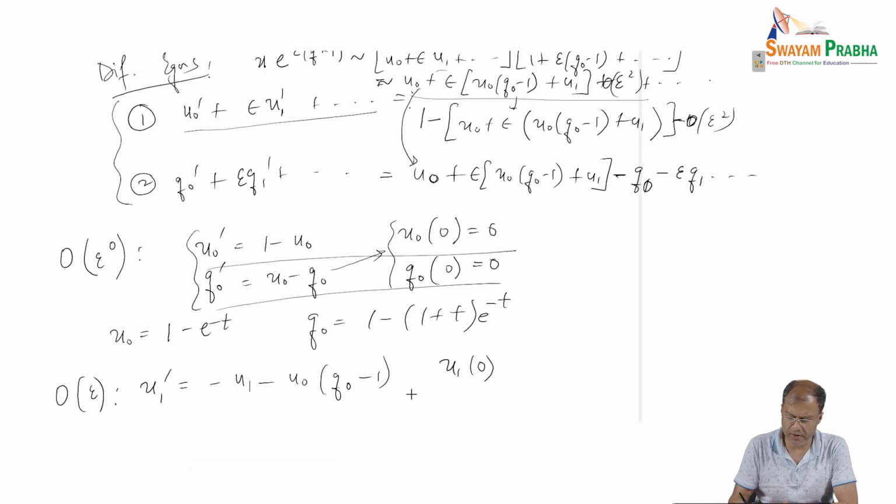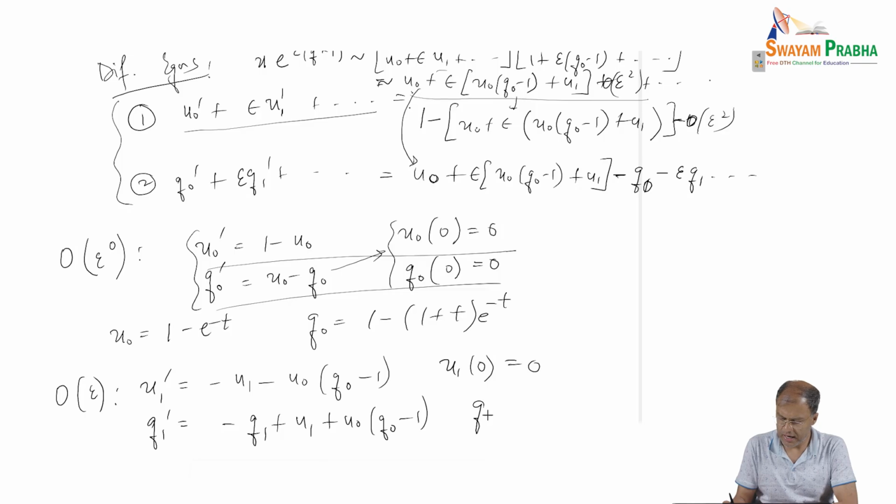We have u1 prime equal to the following, with u1 at 0 equal to 0, and similarly for the q equation, q1 prime comes out to be minus q1 plus u1 plus u naught times q naught minus 1, and q1 at 0 is 0. Now if we solve these two equations, we can keep plugging in the order epsilon to the power 0 solutions on the right hand side.